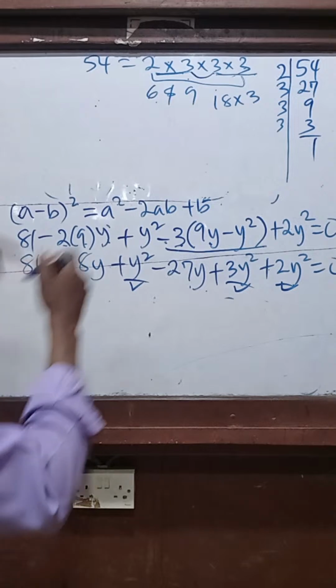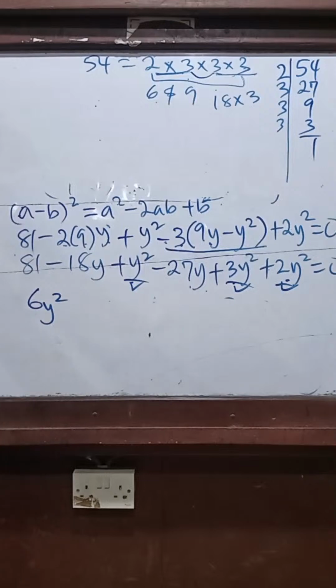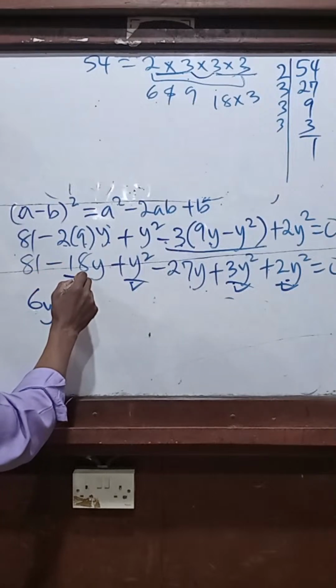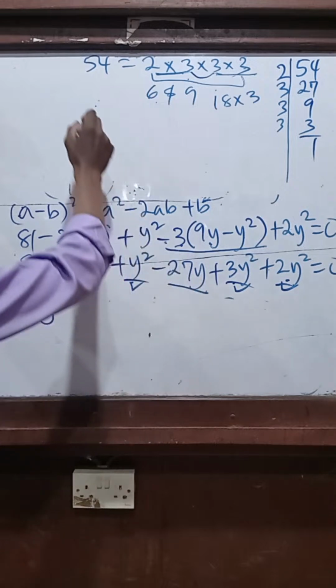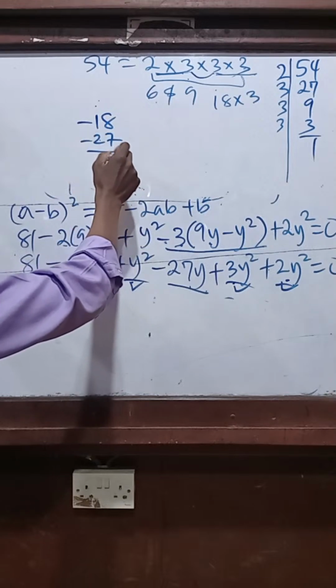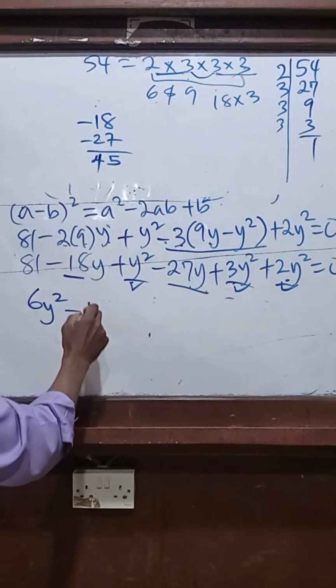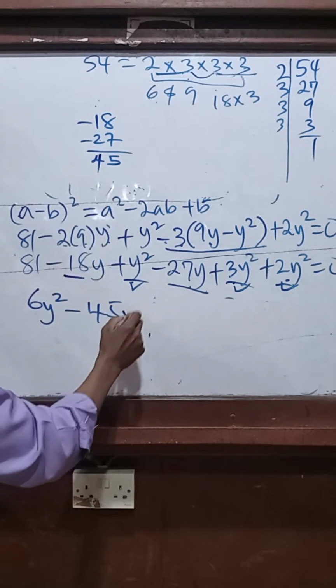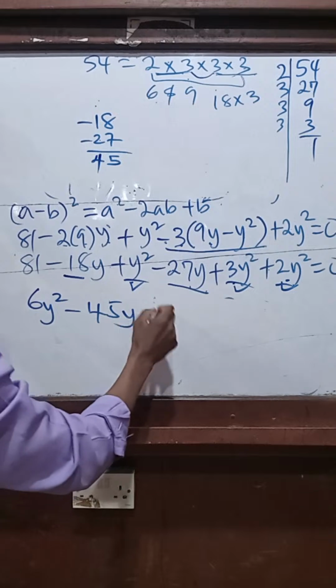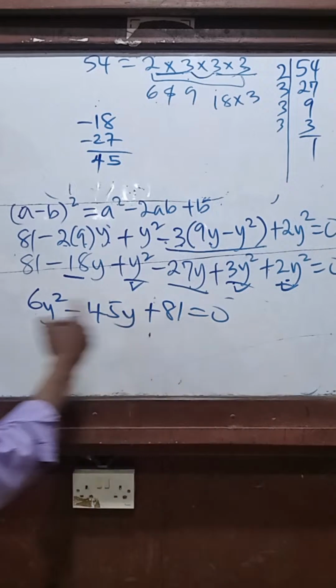That's 6y squared, and then minus 18y minus 27y, that's minus 45y, and then plus 81 equal to 0.